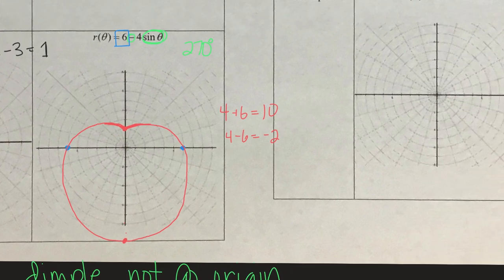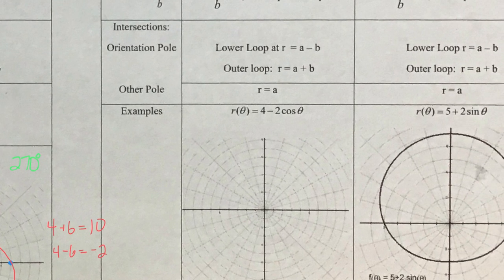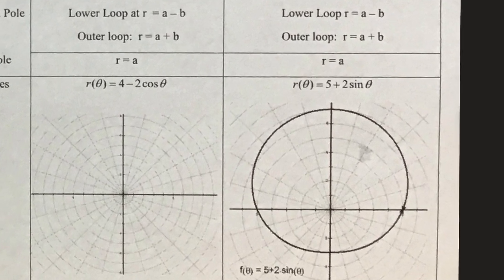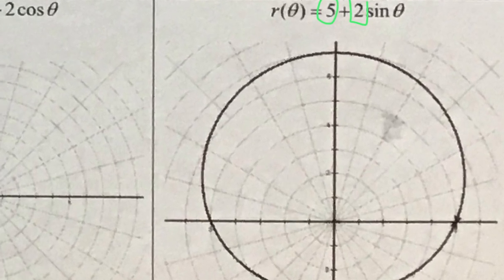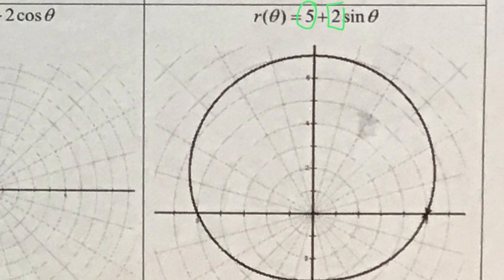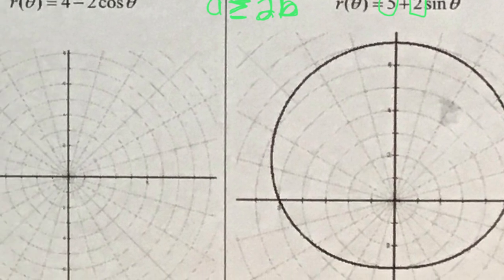And then our last limacon is not having a dimple at all. And you can tell because the A value is more than double the B value. So if your A value is double or more, if A is greater than or equal to 2 B's, then we have a no dimple limacon.